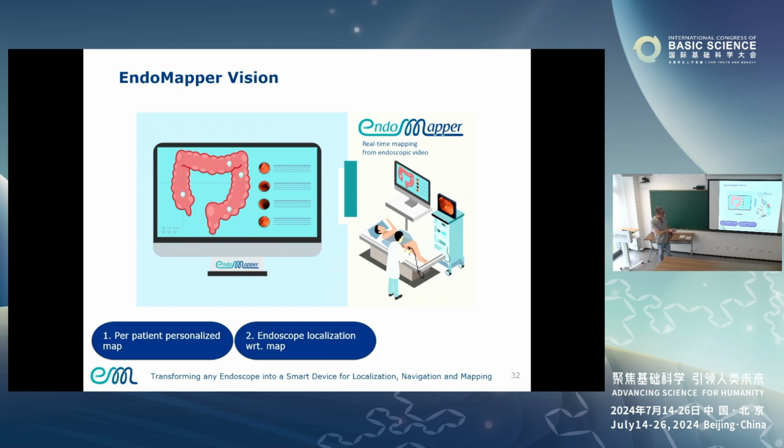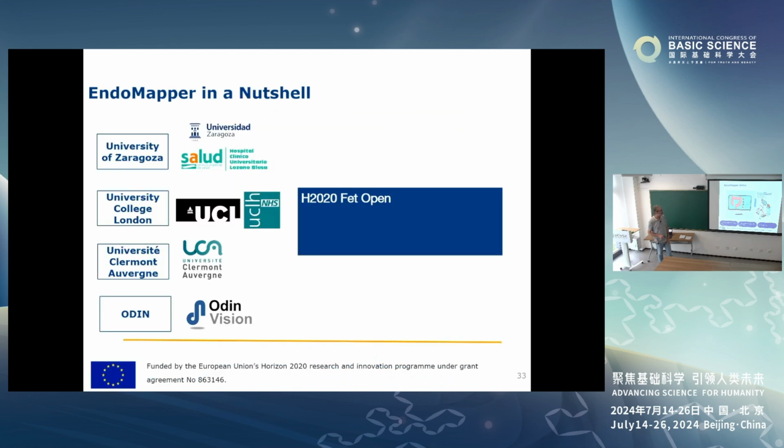And as I have mentioned, we are making the map, but we would like to know where we are within the map that we have built. We understand that this can be very useful for navigation, for helping the doctors initially, but in the long run, we think this is the basic information for an autonomous robot moving inside the human body.